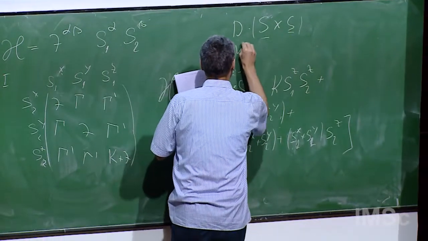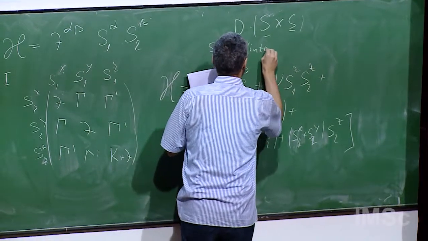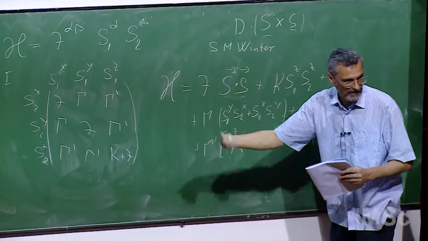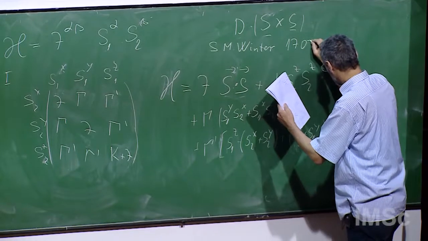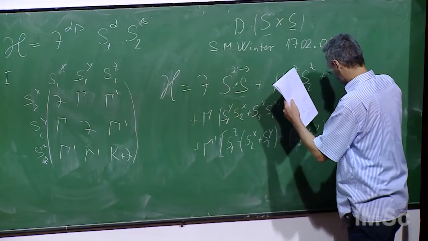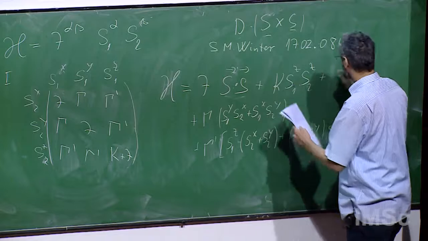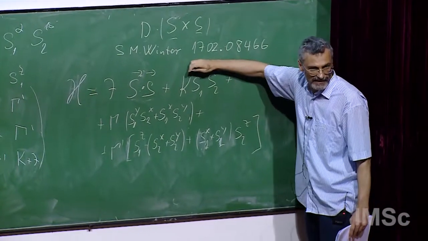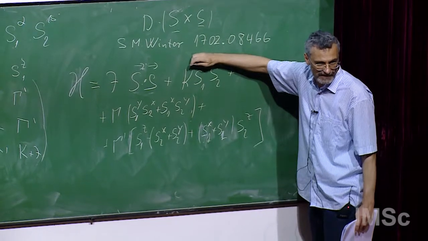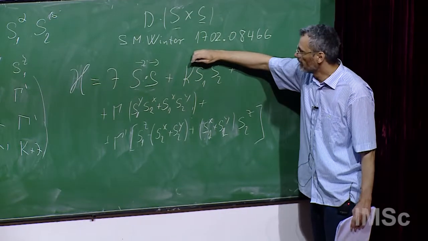This is the last one, at least a recent one, and I think they refer to all other papers. This is arXiv 1702.08466. They do an ab initio calculation or some quantum chemistry calculation to derive these numbers.